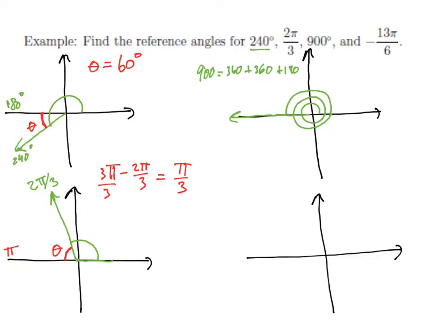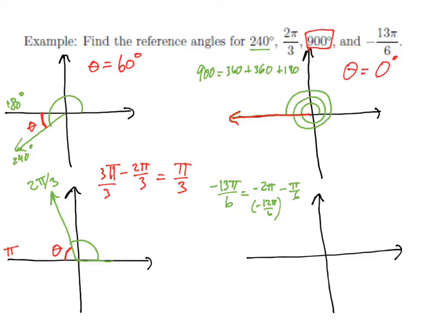Now, because this angle is right on the x-axis, the reference angle, to get back to the x-axis, well, there is no distance that we need to travel to get to the x-axis. So what we'd say is the reference angle theta is actually equal to 0 degrees. If we wanted to do that in radians, well, we're starting in degrees, so typically we write that reference angle also in degrees.